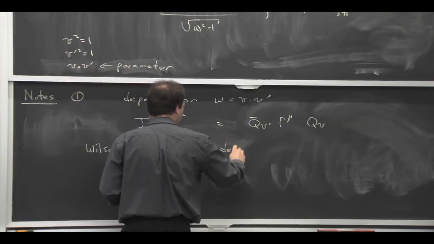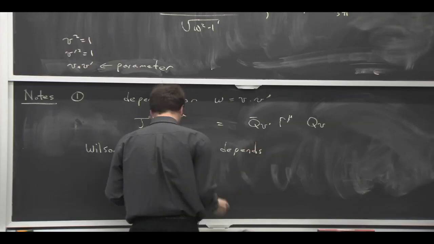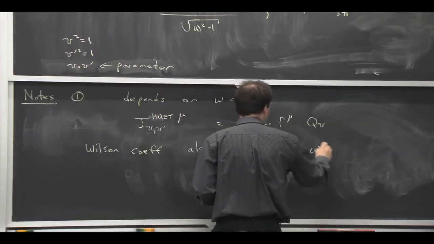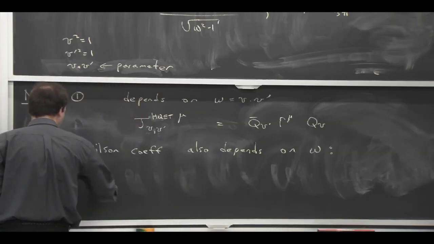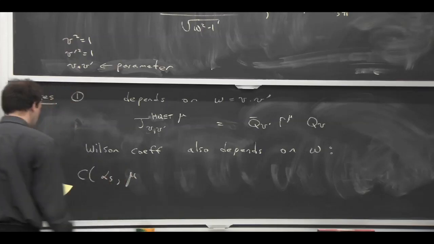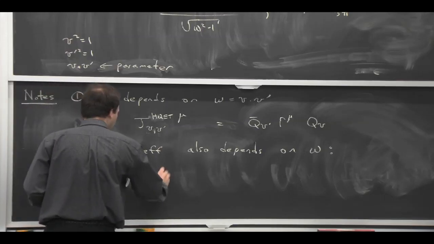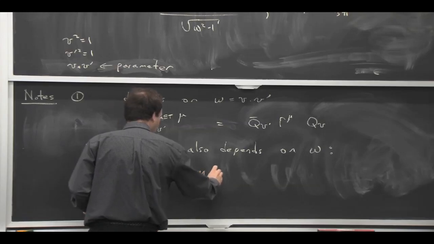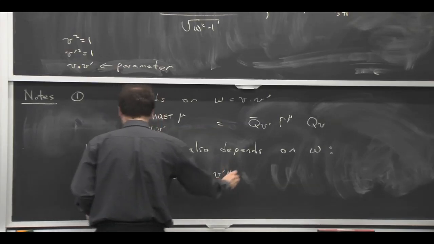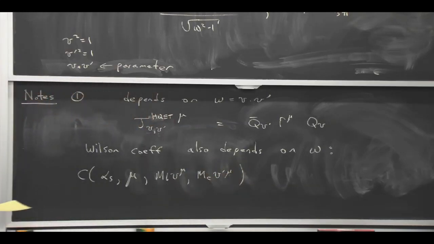Now, because the Wilson coefficient is a scalar, it really only depends on w. So if you think about Wilson coefficients, they depend on alpha s, they depend on the scale mu, they depend on the hard scales in your problem. And the hard scales in the problem here for us are mb times v and mc times v prime, because those are the heavy scales of the heavy charm quark and the heavy B quark that we're removing.